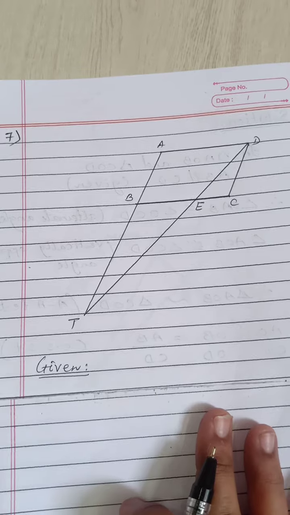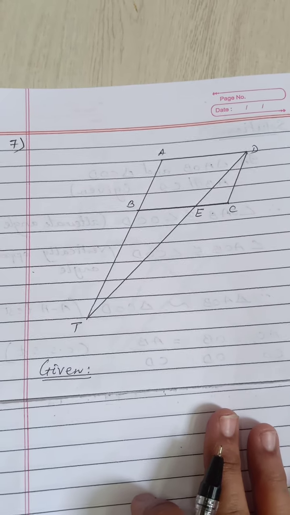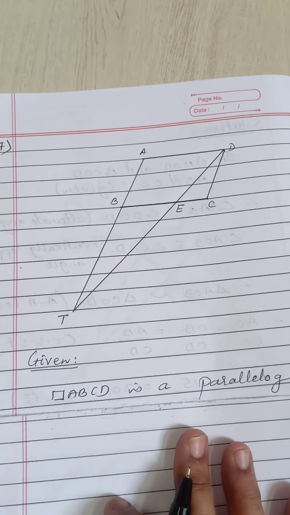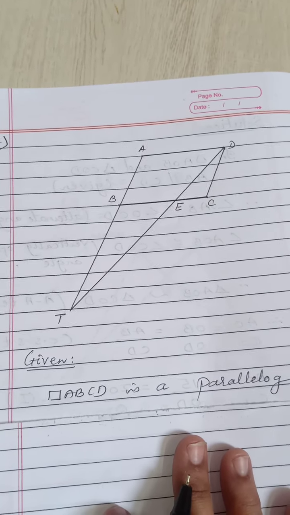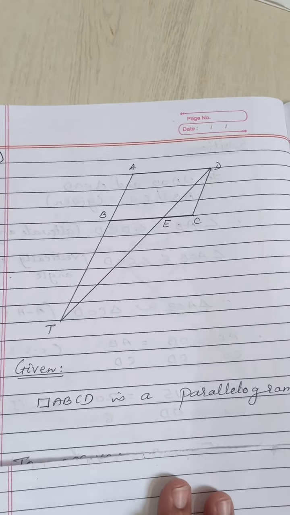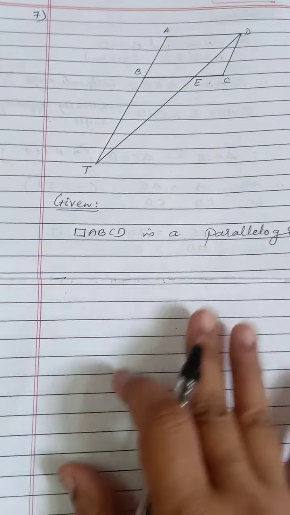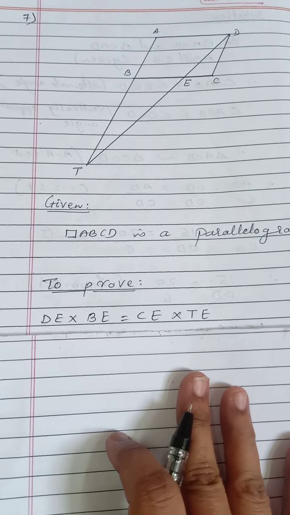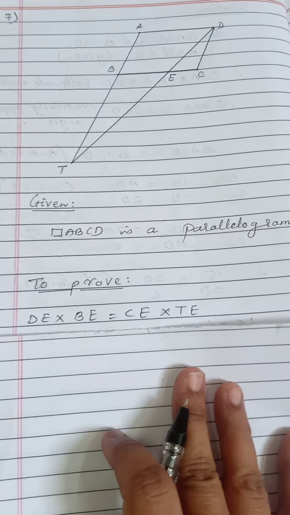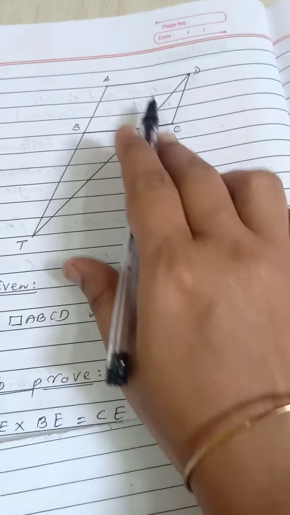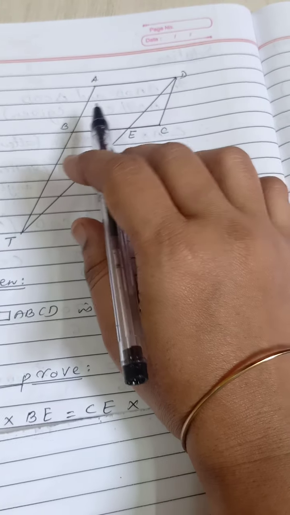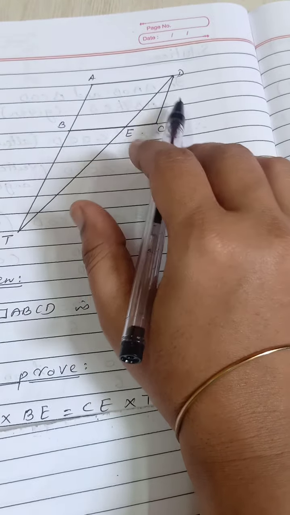After that, the first step of proving the theorem, or a question like a theorem, we will write given. The given is that quadrilateral ABCD is a parallelogram, and we have to prove that DE into BE is equal to CE into TE. Since ABCD is a parallelogram, opposite sides are parallel.